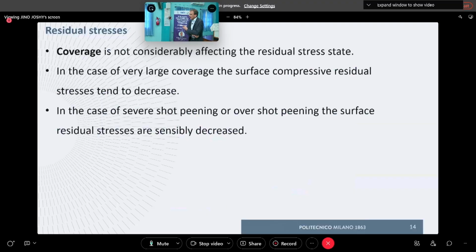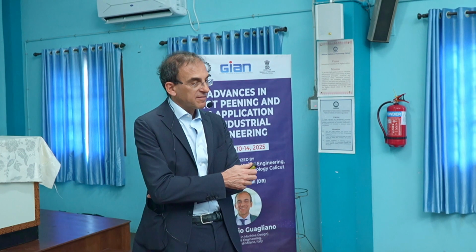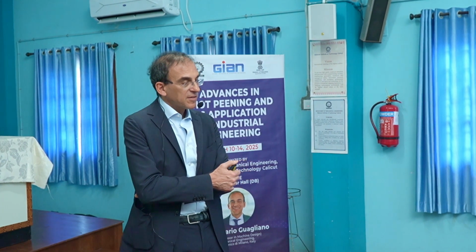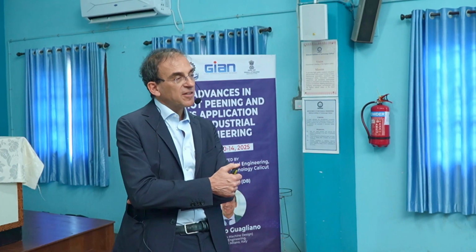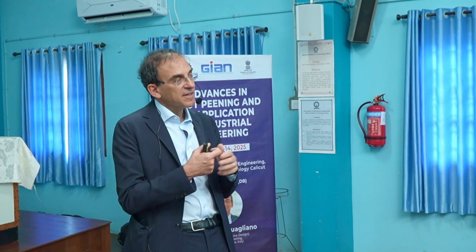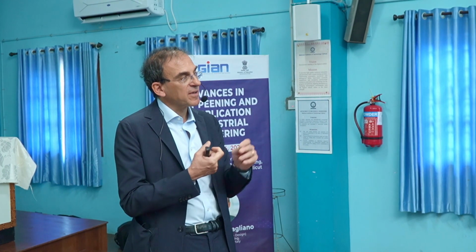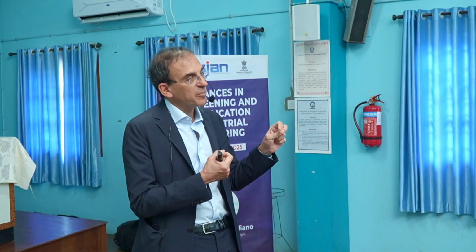Some remarks about coverage. Coverage is not a considerable effect in the residual stress state. If we are using very large coverage, I mean 800, 1000 coverage value, the surface compressive residual stress can tend to decrease. This means that we are going to reach the overpeening condition.